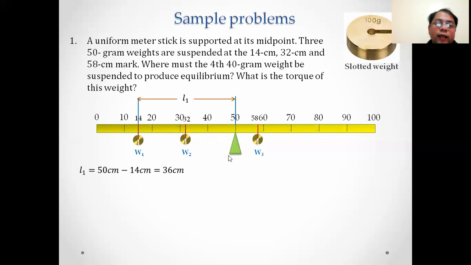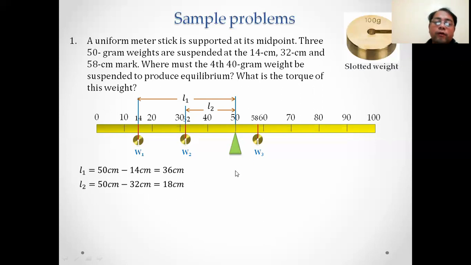Now for our L sub 2, L sub 2 is the distance of W2 from the fulcrum. And L2 will be 50 minus 32 because this is the 32 centimeter mark, so 50 minus 32 gives us 18 centimeter.